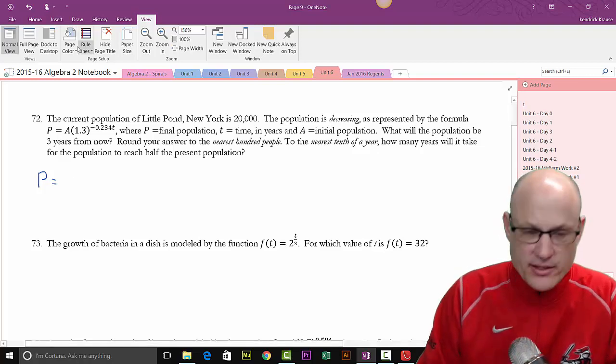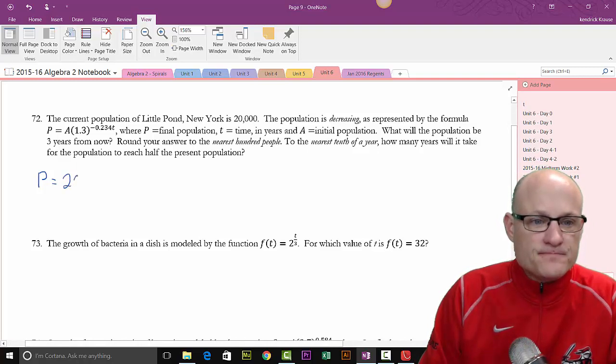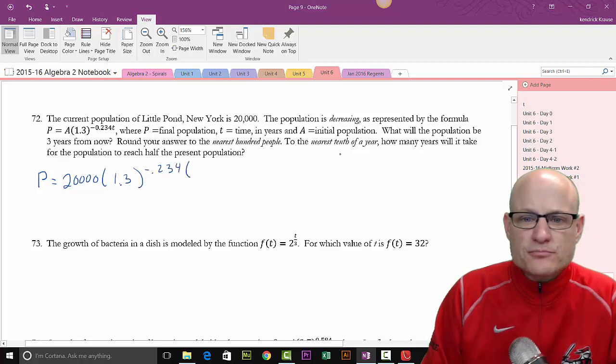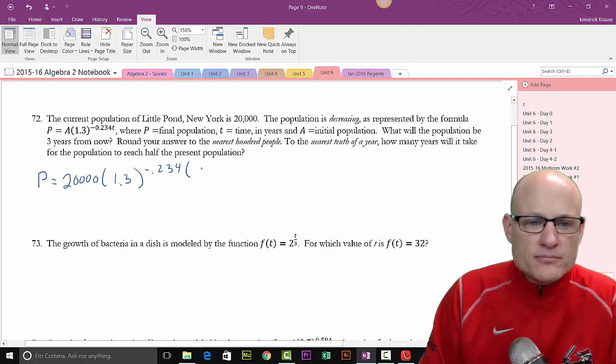Well, the current population is 20,000. So we're going to start with 20,000 and 1.3 to the negative 0.234 times how many years? 3 years.